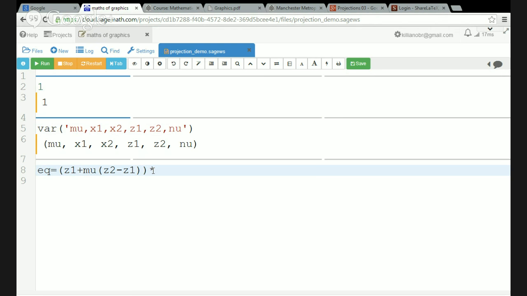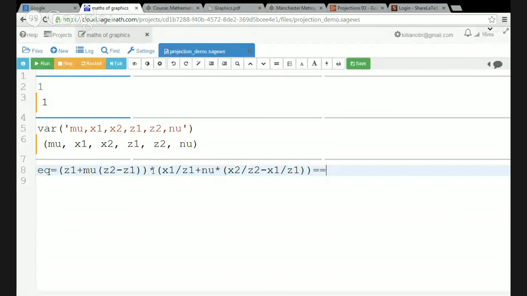Okay, so that's multiplying the other factor in the left-hand side of B, which is x1 over z1 plus mu into x2 over z2 minus x1 over z1. So that's what we want to solve.